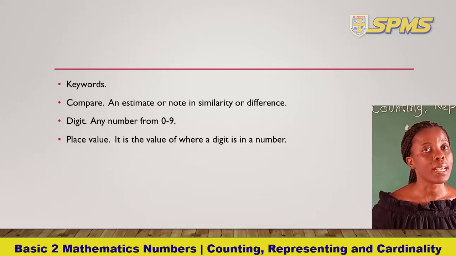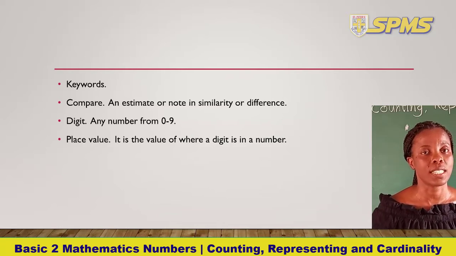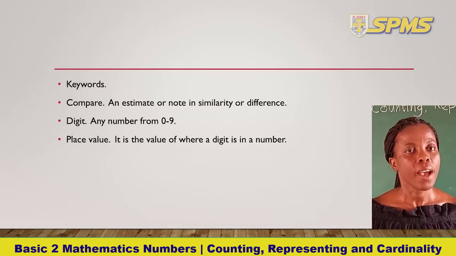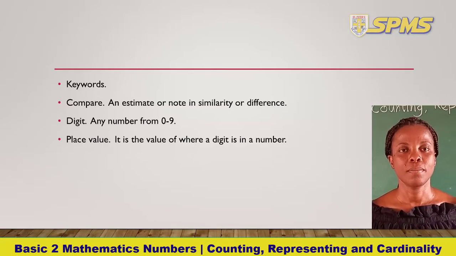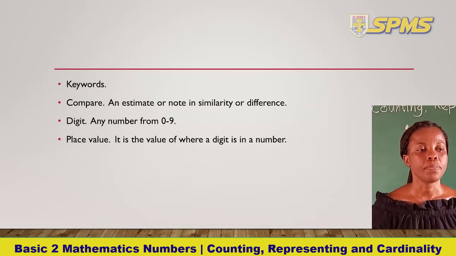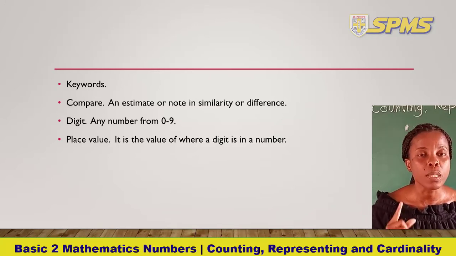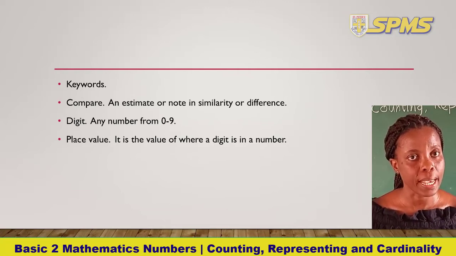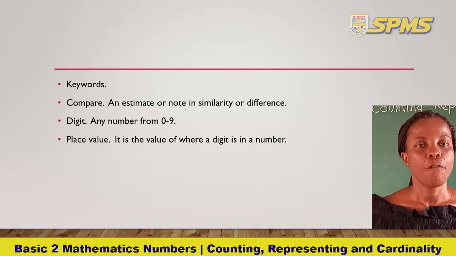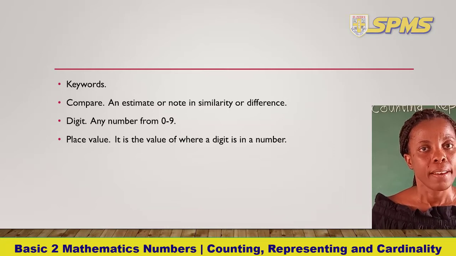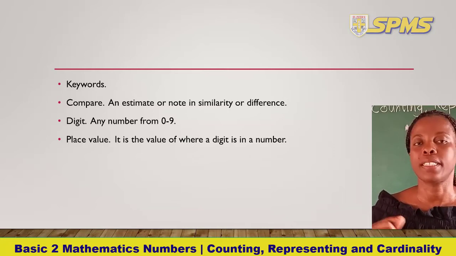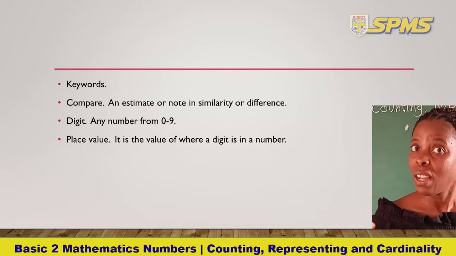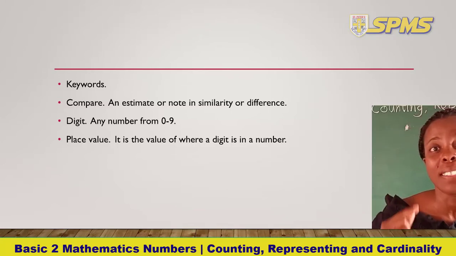Our second keyword is digit. D-I-G-I-T. What does it mean? Any number from 0 to 9 is called a digit. So if I have a number from 10 upwards, it is not a digit.